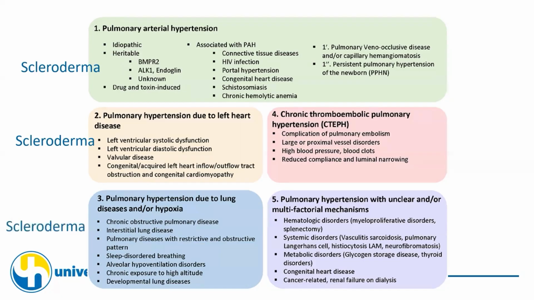Scleroderma can also cause interstitial lung disease, which can cause group 3 PH. And scleroderma can also maybe cause hypercoagulability, which can cause PEs, which can cause group 4 PH. So this is why the classifications are so important and why we've kind of moved away from the primary versus secondary pulmonary hypertension nomenclature.